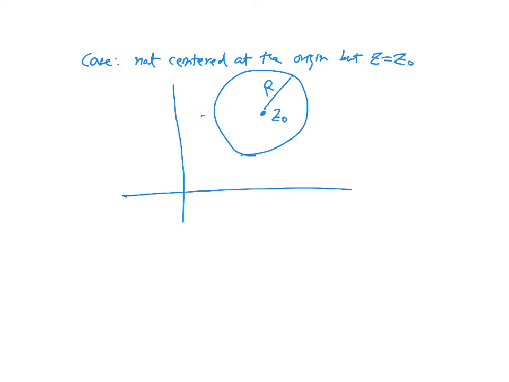So again, we draw the line which is parallel to x. This is theta. Let's say z. So if we have a particular point z on this circle, which is centered at z naught, how do you represent this point Z? This point z can be represented as z naught plus r exponential I theta, right?